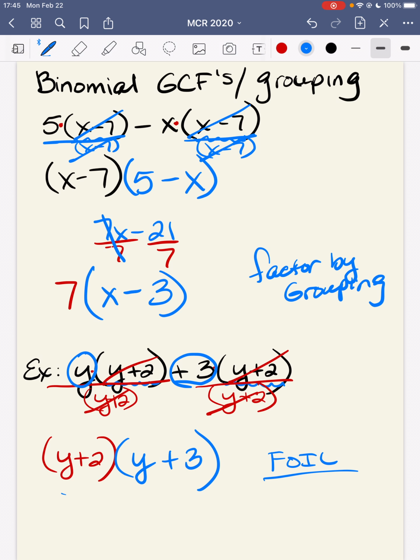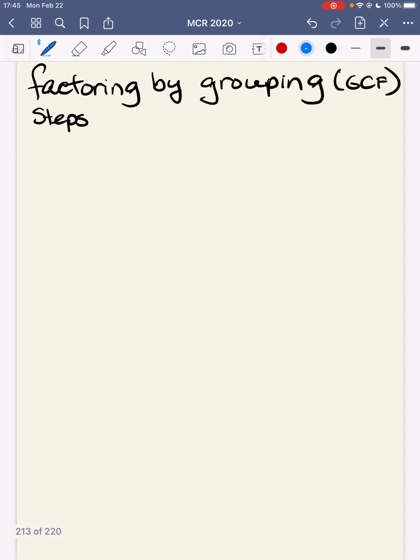So factoring out a binomial GCF will be part of factoring by grouping, and we're going to include it while we talk about factoring by grouping. Factoring by grouping is sometimes known as the GCF method because you literally are doing nothing but looking for GCFs the whole time. So let's talk about the steps here.